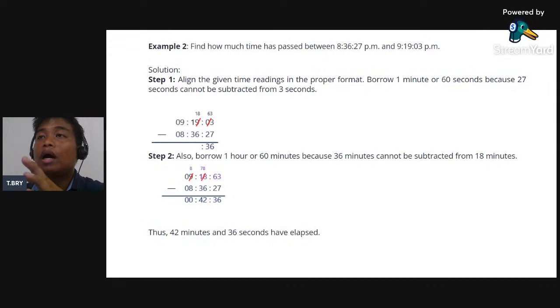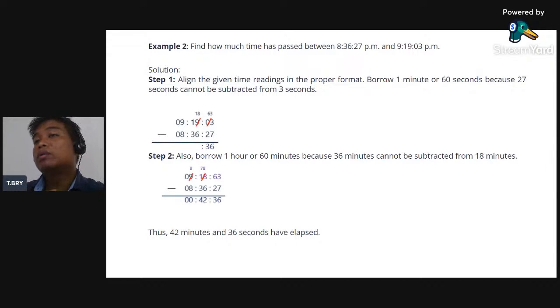Also, borrow 1 hour or 60 minutes because 36 cannot be subtracted from 18 minutes. The 19 became 18 since we borrowed, so it borrows 60 minutes. 18 plus 60 equals 78. 78 minus 36 equals 42.